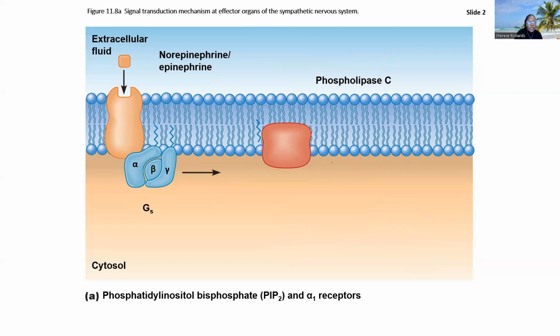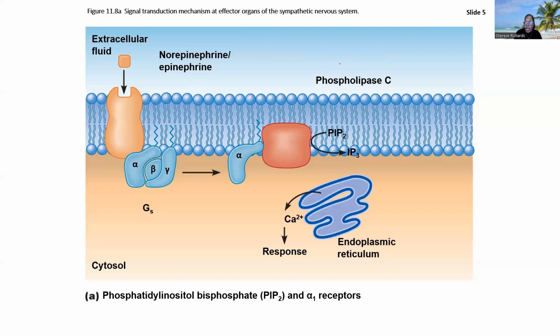So let's go over that one more time. So norepinephrine binds. Here we go. Norepinephrine binds. Here's our alpha-1 receptor. This is a G stimulatory protein, so it's going to encourage alpha-1 to activate phospholipase C, right? Phospholipase C is going to cleave PIP2 into two smaller components, IP3 and DAG.